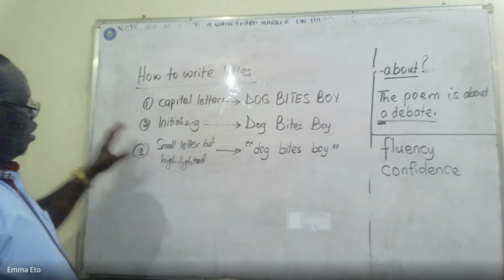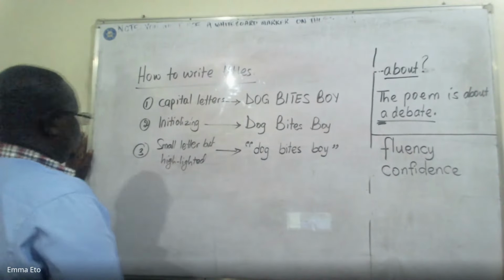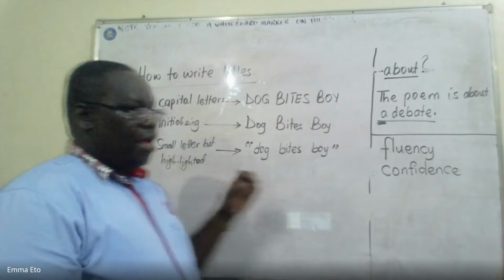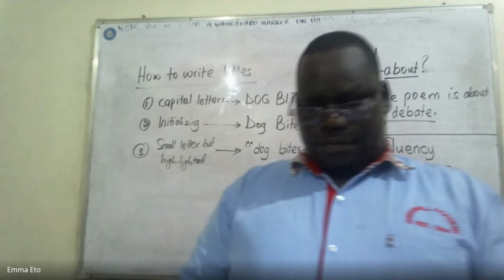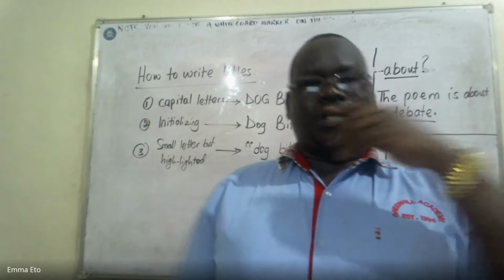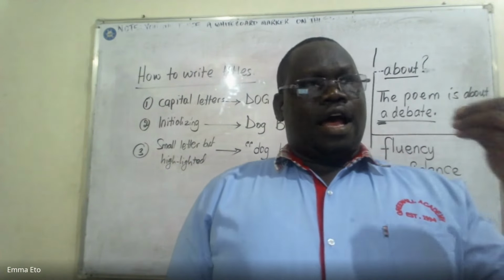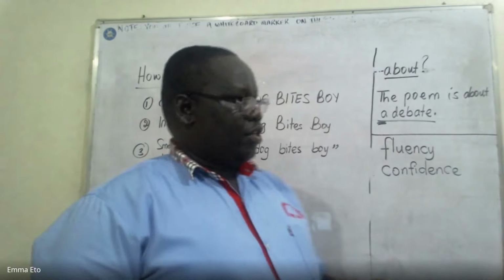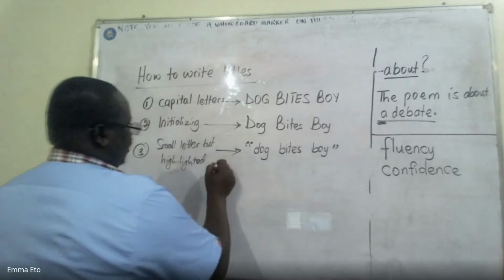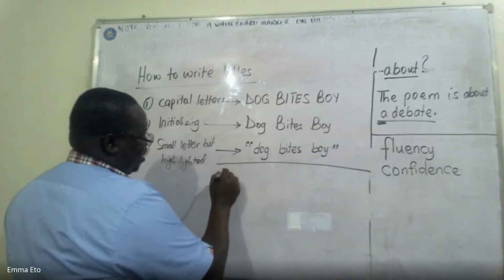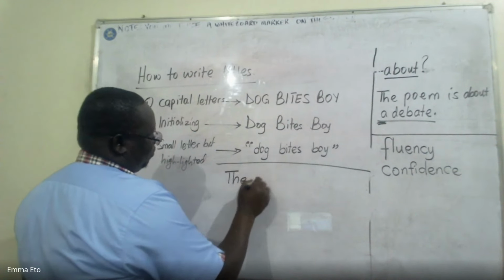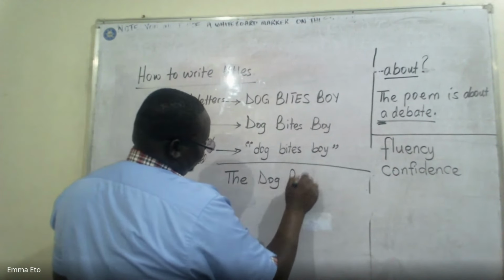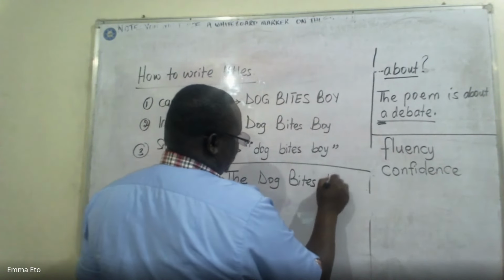Now, the other rule is the use of articles. Of recent, use of articles, let's say, makes titles redundant. For instance, if I have this very one, then I will say "the dog bites the boy."